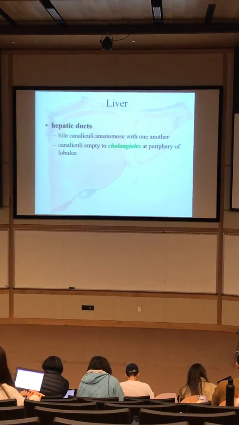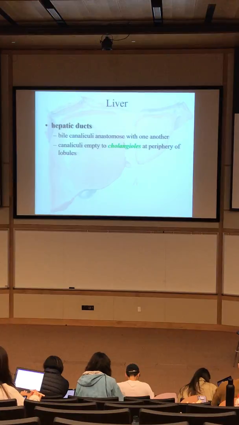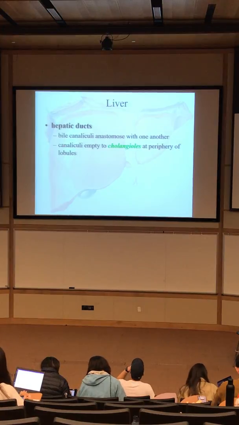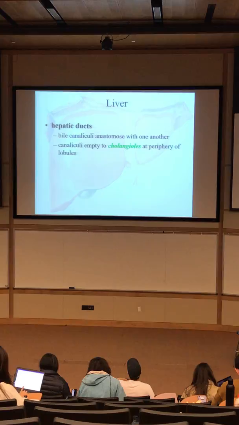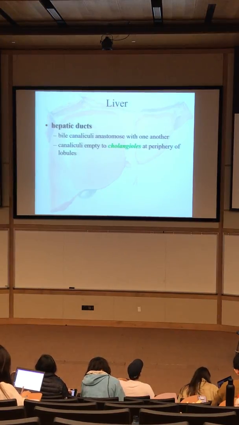I'll show you a picture in a minute. And then those flow into larger vessels called cholangioles. Angi, that part of the word, refers to vessel. Remember, angiogenesis is vascular development, right? And angioplasty is when you stick something into a blood vessel and plaster the plaque against the wall so you open up the blood vessel, angioplasty.